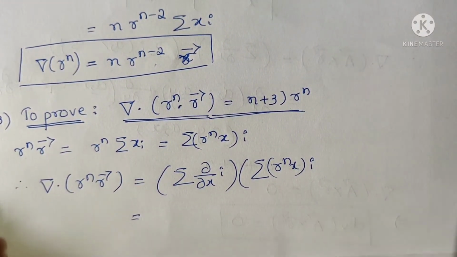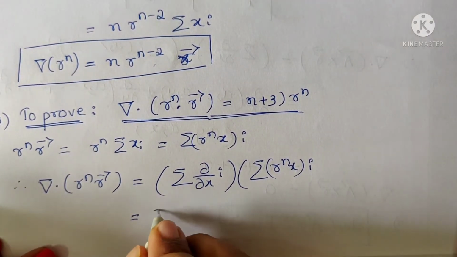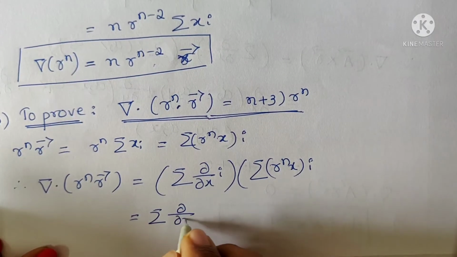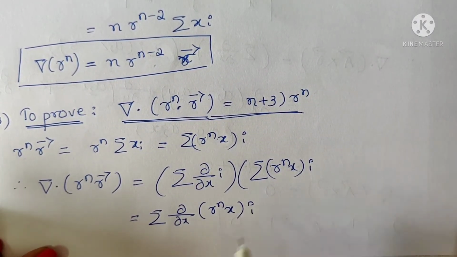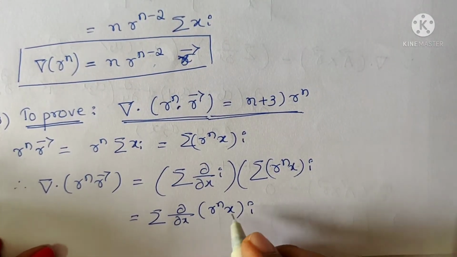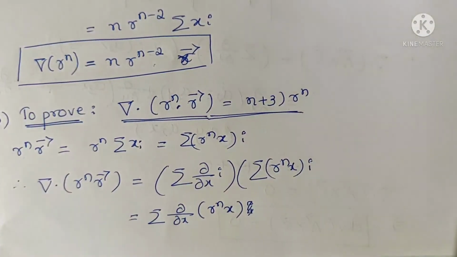So this is equal to summation of ∂/∂x of r^n into x into i. This is dot product, these coefficients we need to multiply.